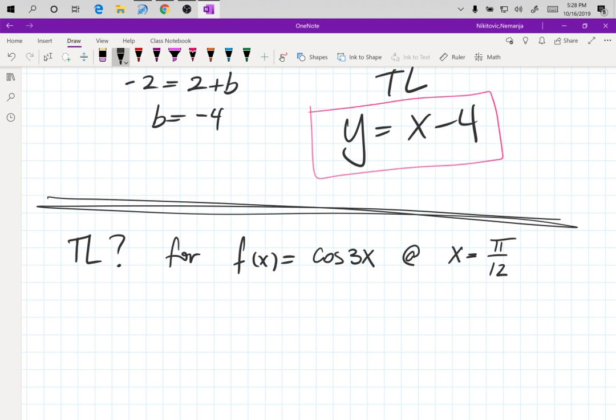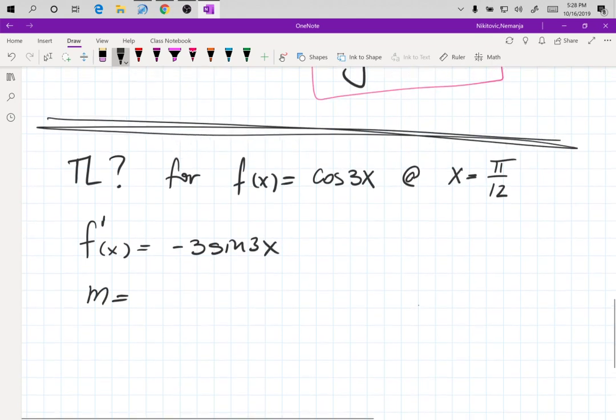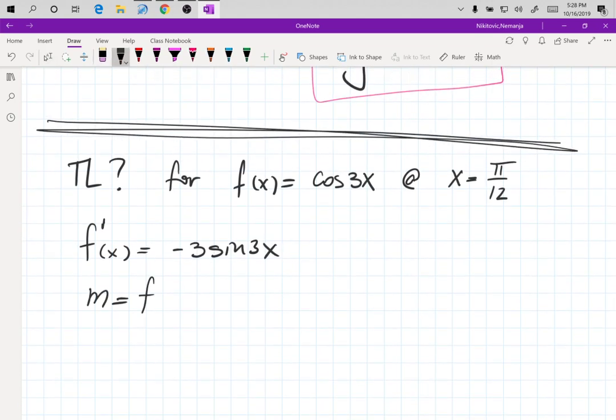Let's take a look at this together. So step 1, right, is derivative. So we know it is negative 3 sine 3x. The derivative of cosine is negative sine. We copy the argument, and then the chain rule of 3 kicks in there. So m, which is the slope, is going to be the derivative computed at pi over 12.